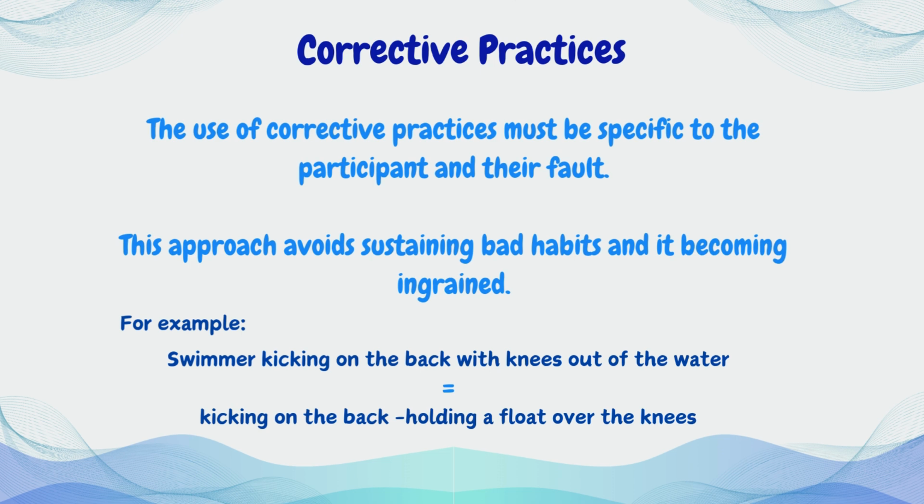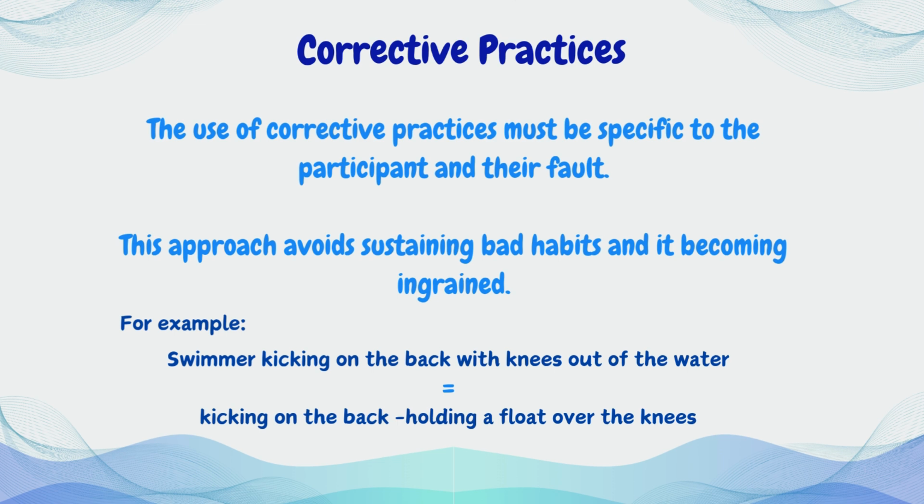The use of corrective practices must be specific to the participant and the fault they are demonstrating. This approach avoids swimmers sustaining bad habits that will still need to be corrected further down the line. For example, a swimmer kicking on their back with knees out of the water as they kick. This is a common fault in new swimmers.